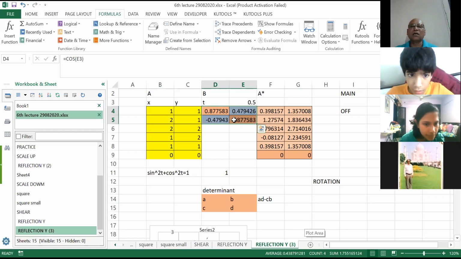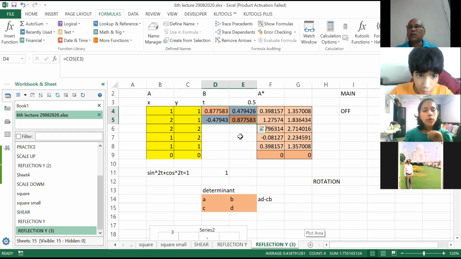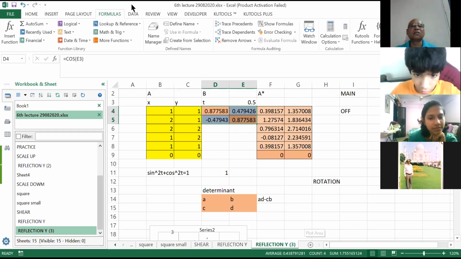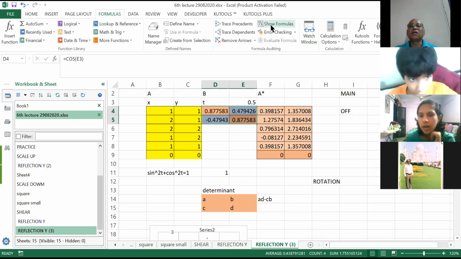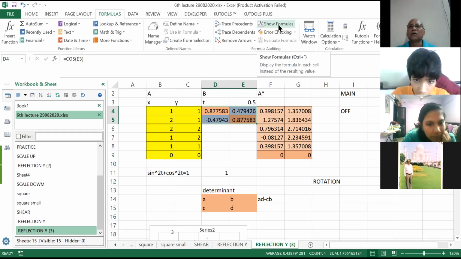I am telling that here the data is there, but you are not able to see the formulas. So how can you see the formula? If you want to see the formula, you select the cells and go to the formula menu, then Show Formulas.